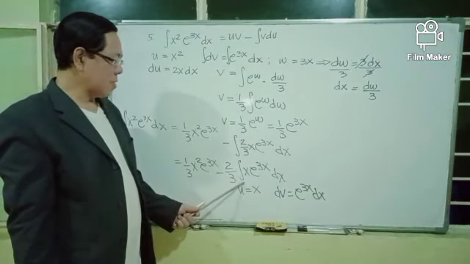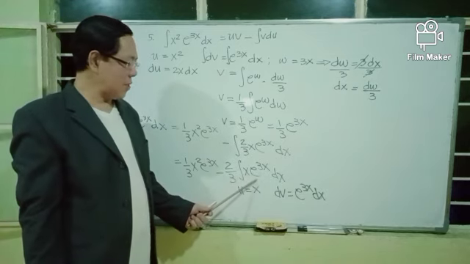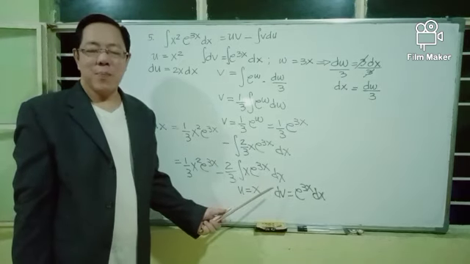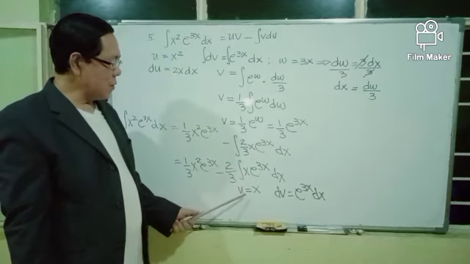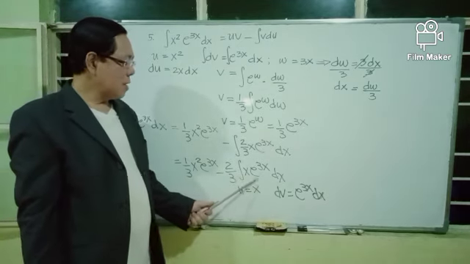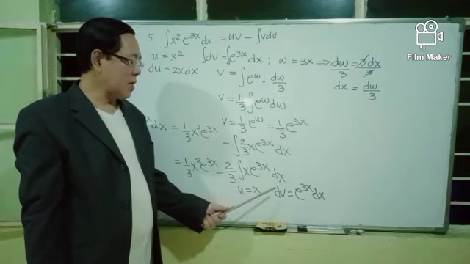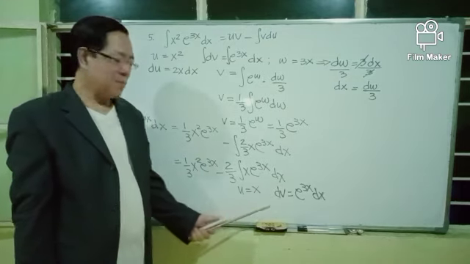Again, to this integral of x e to the 3x dx, we apply integration by parts, where our u is x, then the remaining expression e to the 3x dx is our dv.